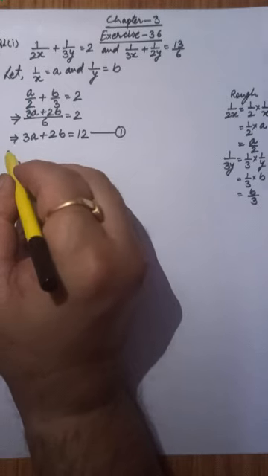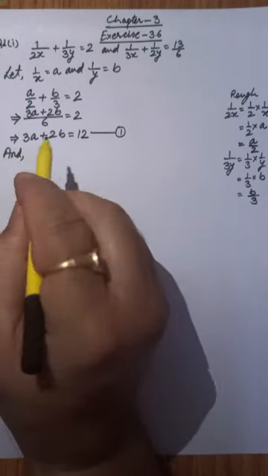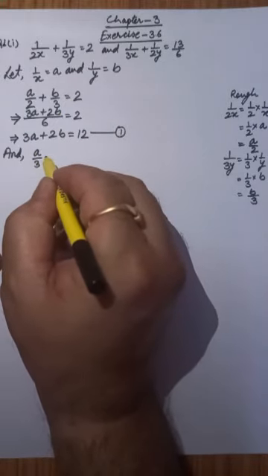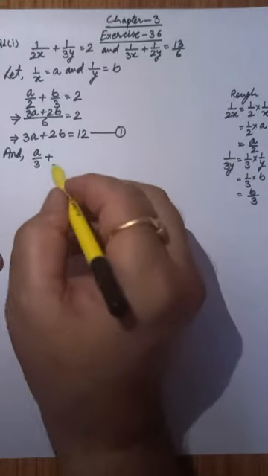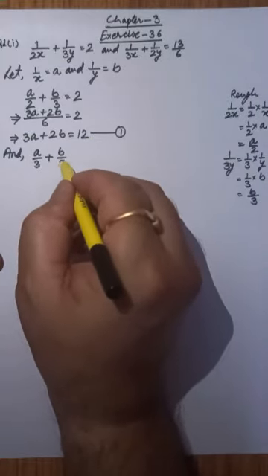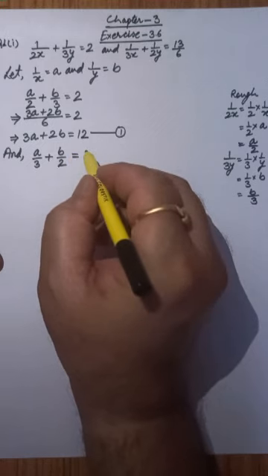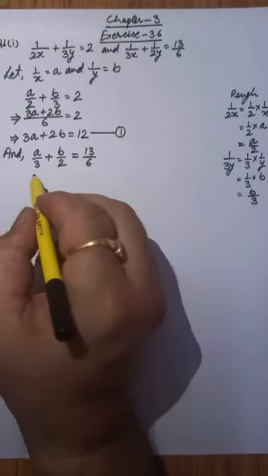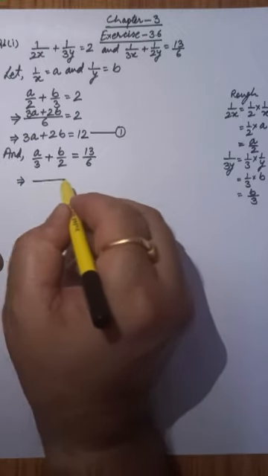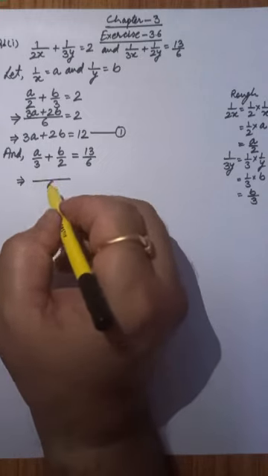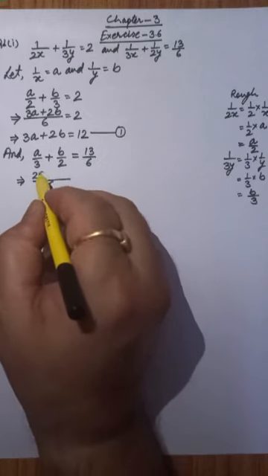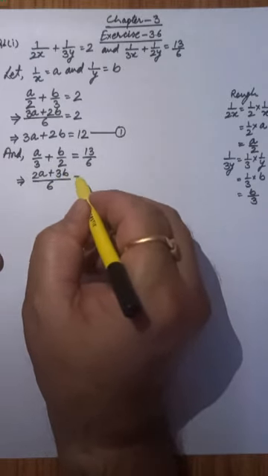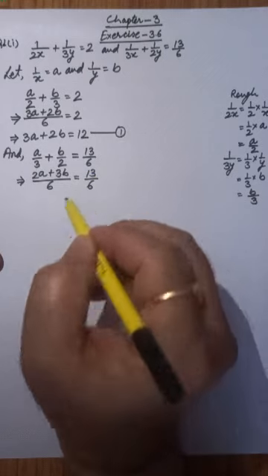Similarly, in the second equation, 1 upon 3x becomes a upon 3, and 1 upon 2y becomes b upon 2, equal to 13 by 6. Again we take LCM, which is 6. 6 divided by 3 is 2, so 2a. 6 divided by 2 is 3, so 3b is equal to 13 upon 6.